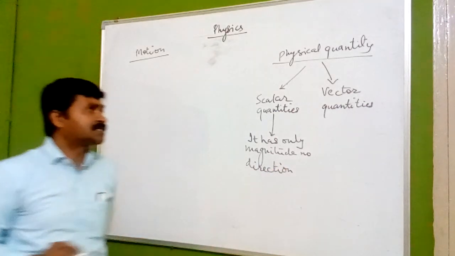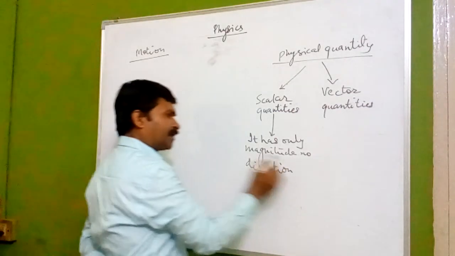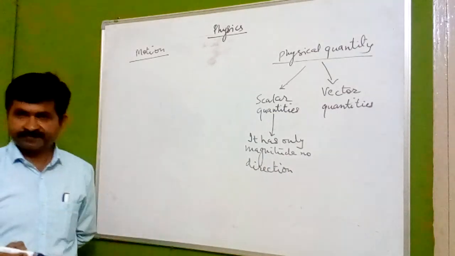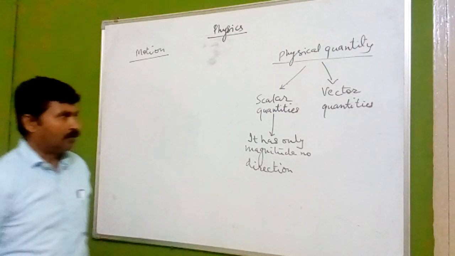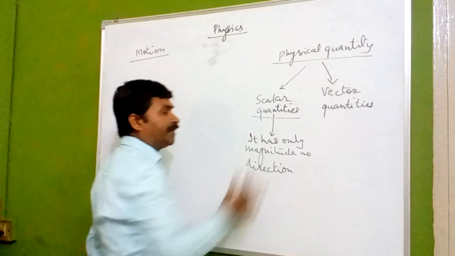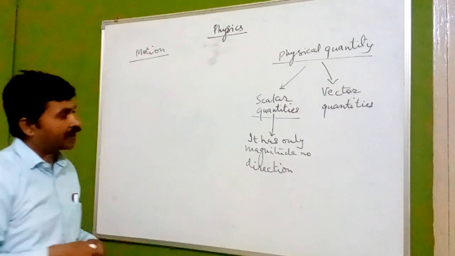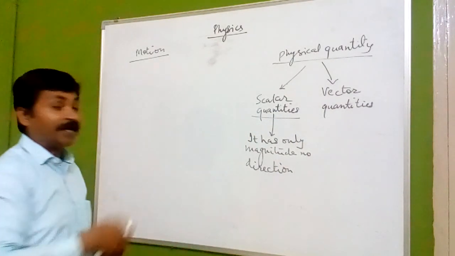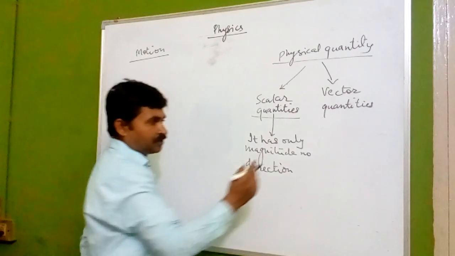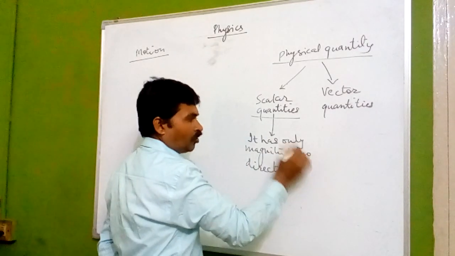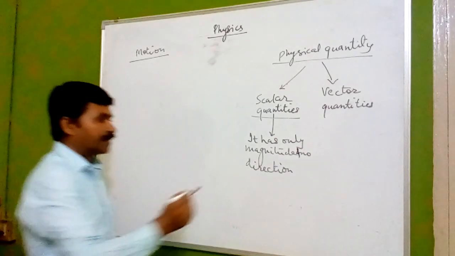In physics, we have magnitude as well as direction. So if we talk about scalar quantities, here we have magnitude and no direction. Then it is a scalar quantity.